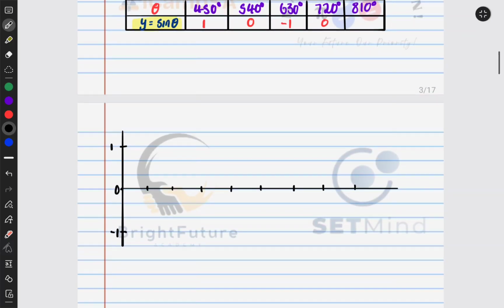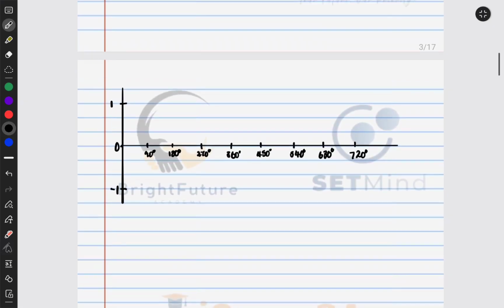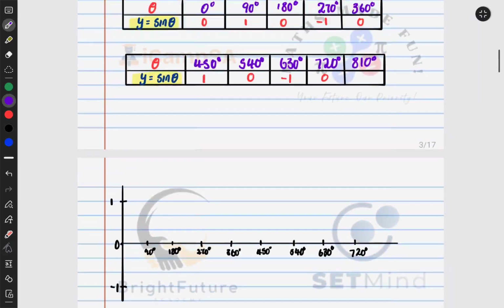So this is going to be 90, 180, 270, 360 degrees, 450 degrees, 540, 630, and 720 degrees.